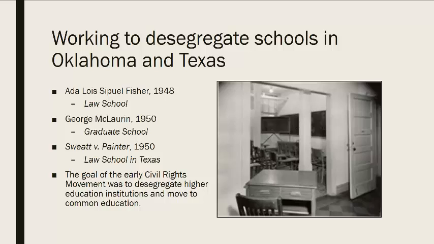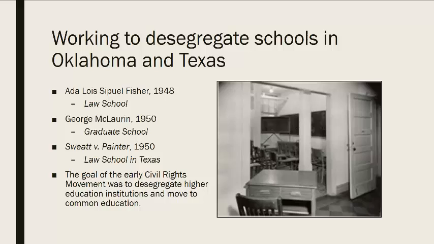Shortly after that, George McLaurin wanted to go back and work on a graduate degree at OU, and they fought and fought. This picture here represents a typical class that McLaurin may have seen, where he was segregated in the school so that the white students could not see him, but he saw the professor.